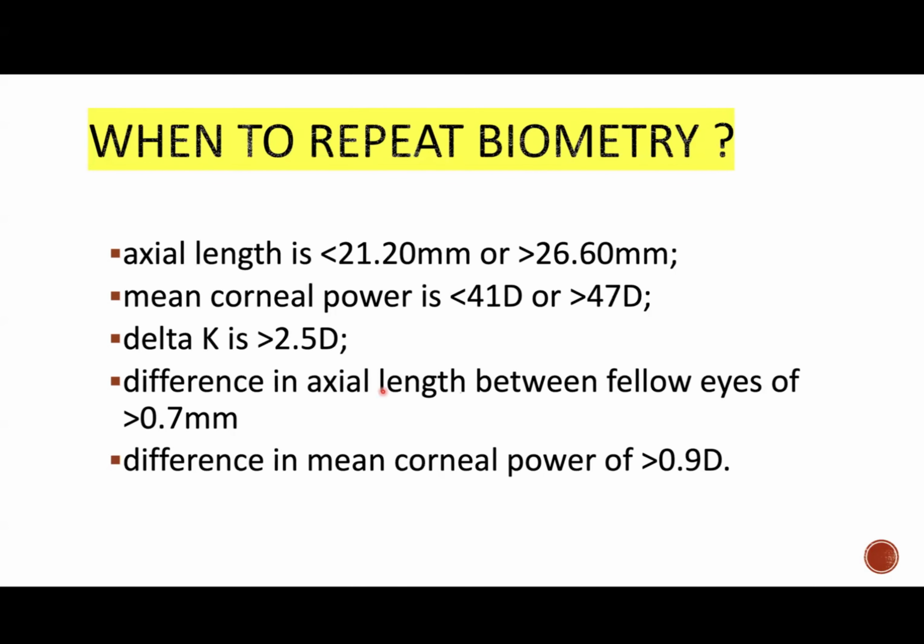For axial length, the values in the book are 21.2 and 26.6, but in your clinical practice you can keep whatever is easiest, less than 22 or more than 26. The mean corneal power is 41 to 47, and if there's a difference of 2.5, you have to look at it again. Difference in axial length between fellow eyes of 0.7 millimeter or more, or difference in mean corneal power of more than 0.9 diopter.